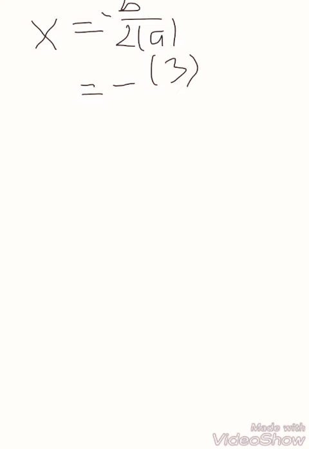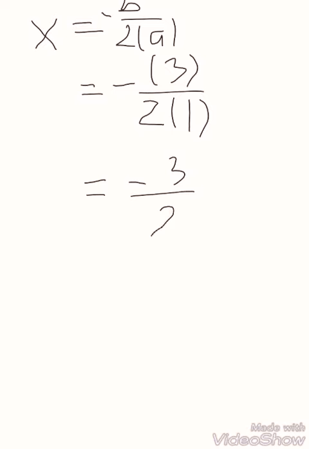We get negative 3 over 2 times 1. Negative times 3 is negative 3, and 2 times 1 is 2. Negative 3 divided by 2 will be negative 1.5.